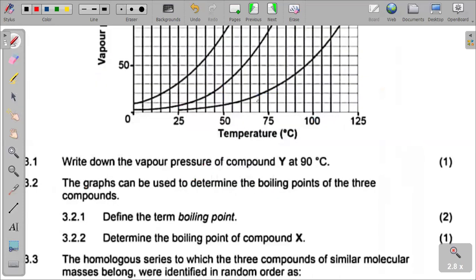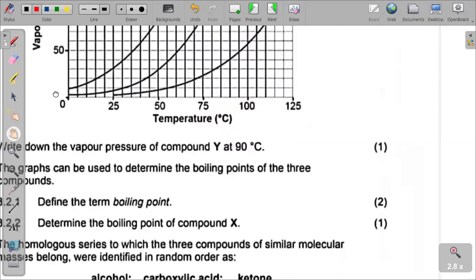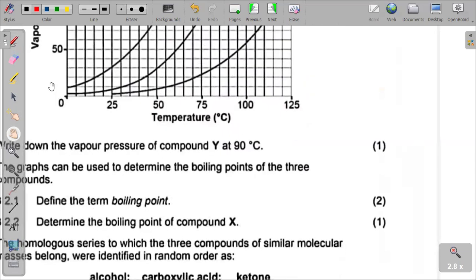Our next question is saying the graphs can be used to determine the boiling point of the 3 compounds. Define boiling point. Remember the indication there told us that the atmospheric pressure is 100 kilopascals. Boiling point by definition is the temperature at which the vapor pressure of a substance equals the atmospheric pressure, or the vapor pressure of a liquid equals the atmospheric pressure.